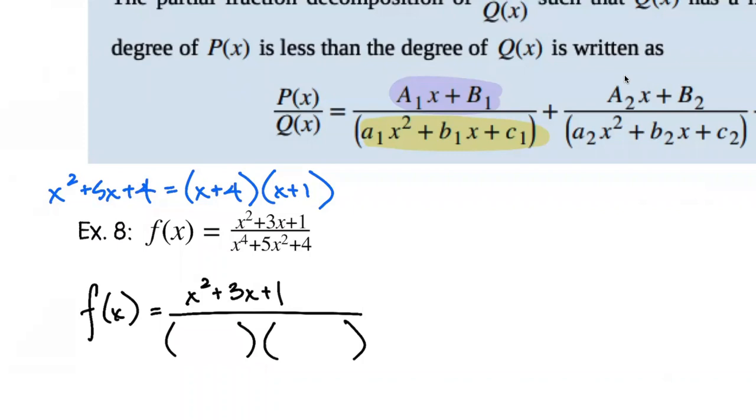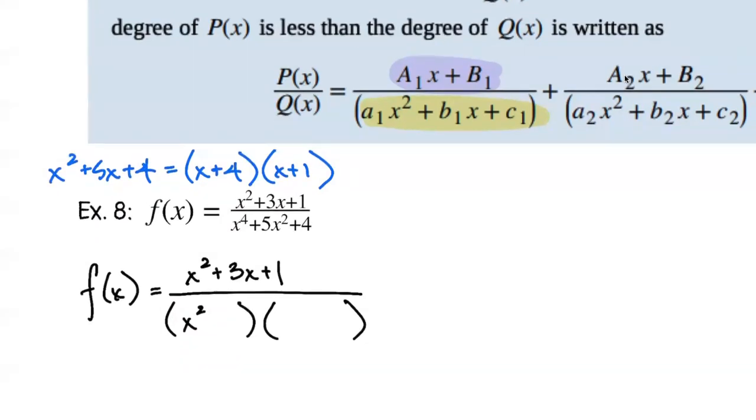You could just do x squared with a parentheses squared again, to make the x to the 4th.